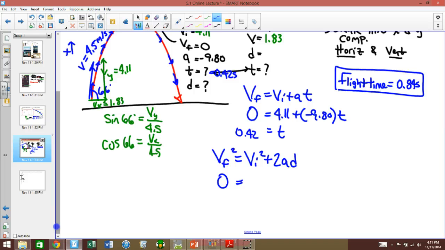Initial velocity, 4.11 squared plus 2 times negative 9.80 times the displacement d. So I take 4.11 and then I square it, and then I divide by 2, and then I divide by 9.8, and I get 0.86.